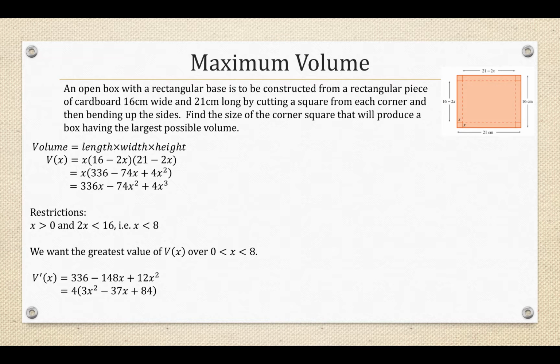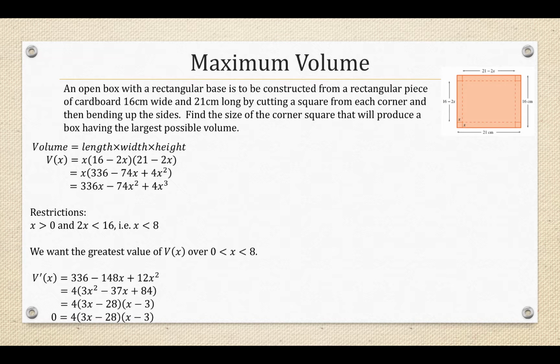Each one of these can be divided by 4, which will give us 4 outside of 3x squared minus 37x plus 84. All I've done there is change the order around from highest power to lowest power. Within that, we can then factorize what's in the brackets to give us 3x minus 28 and x minus 3. So we have the differential of V of x equal to 4 outside of 3x minus 28 times x minus 3.